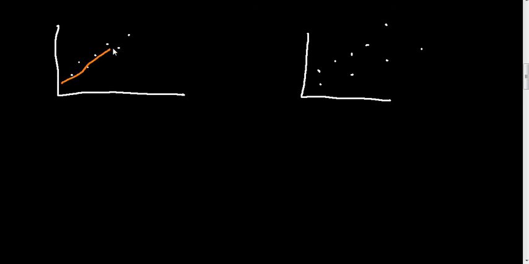If I drew a line of best fit, it'll look like that. If I drew a line of best fit like this, it looks like that. But you can see in example A, the dots are closer to the line, whereas in example B, the dots are slightly more scattered about the line of best fit. So we can call these both positive correlations, but this has a stronger positive correlation.